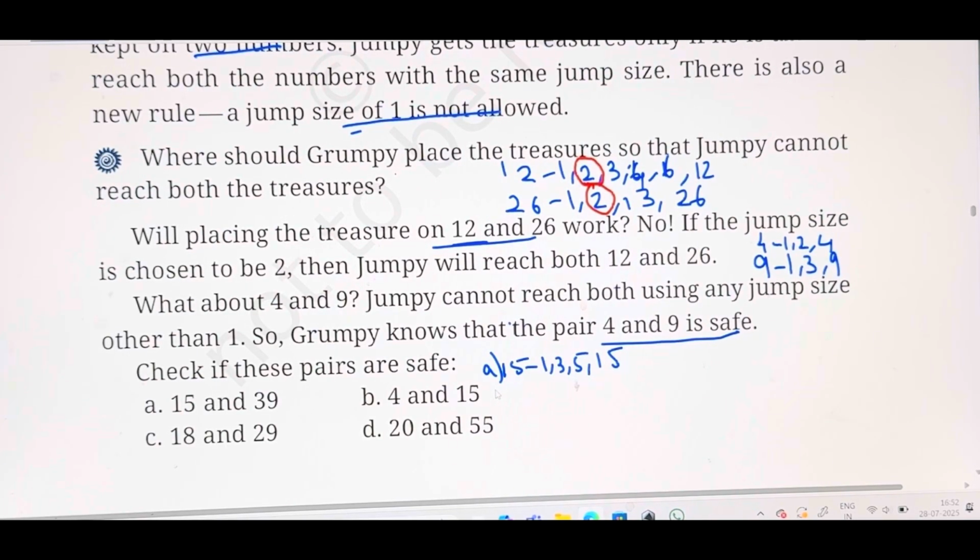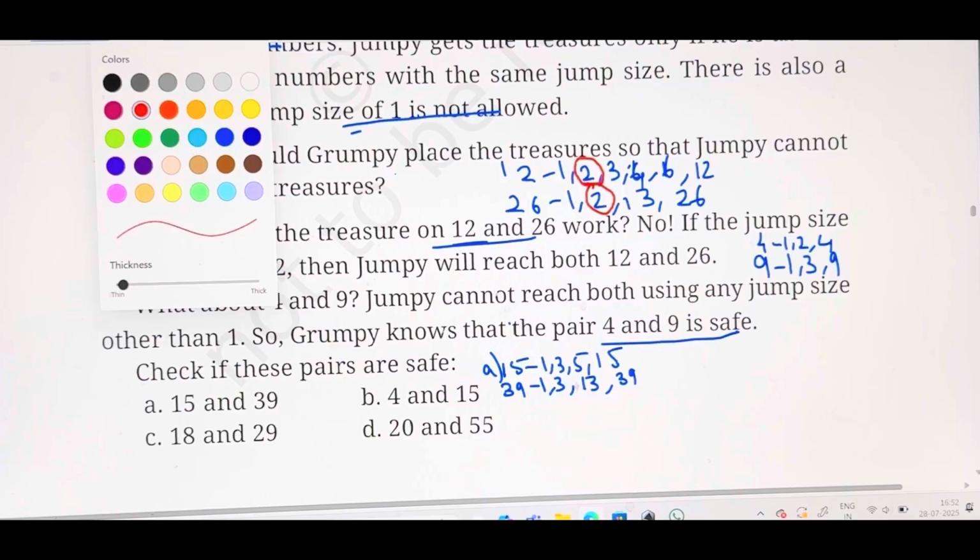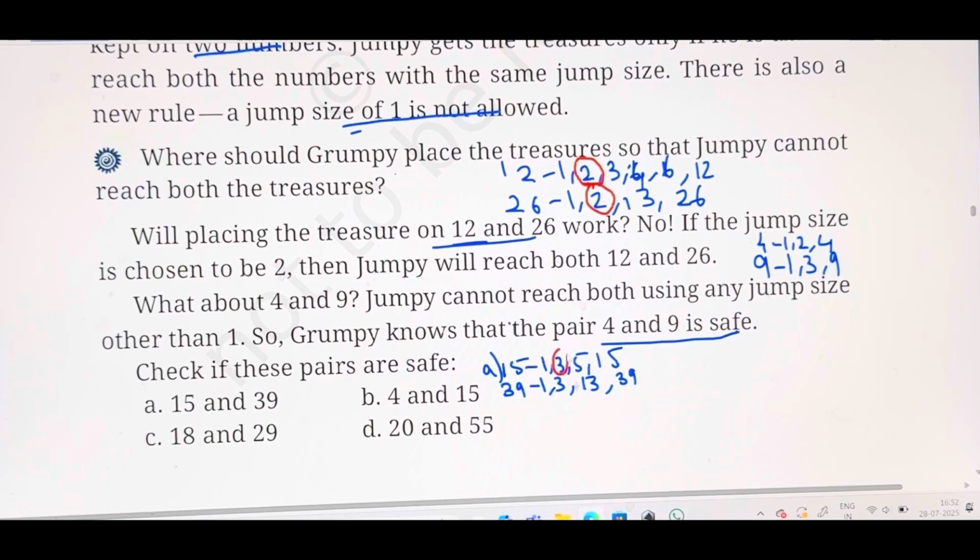For 39, the factors are 1, 3, 13, 39, since 13 threes are 39, right? So is there a common factor? Yes, there is a common factor between both, that is 3. So Grumpy cannot choose this pair. The jump size is 3 and Jumpy can reach the treasure. So this is not possible.